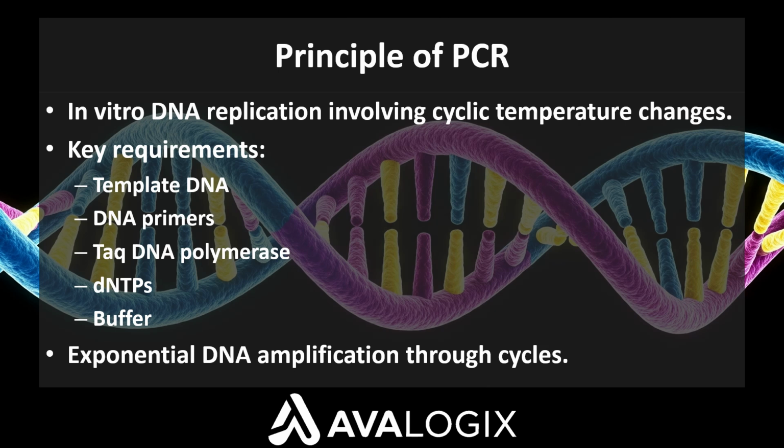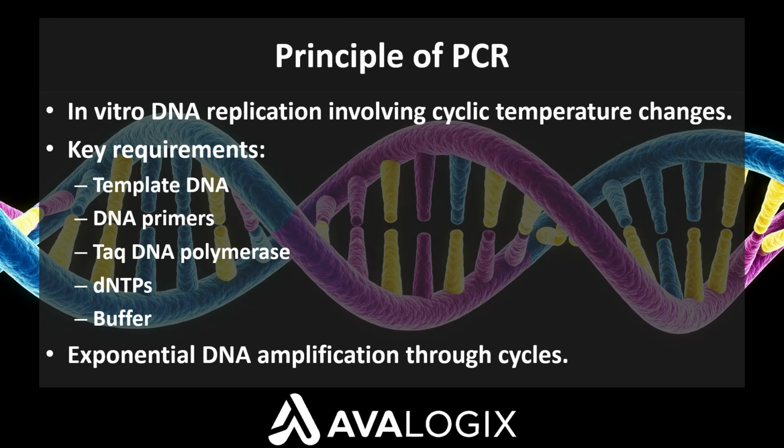During each PCR cycle, the DNA is first denatured by heating to separate its strands. Next, the temperature is lowered to allow primers to bind, or anneal, to their complementary sequences. Finally, the temperature is raised slightly so the DNA polymerase can extend the primers and synthesize new DNA strands.